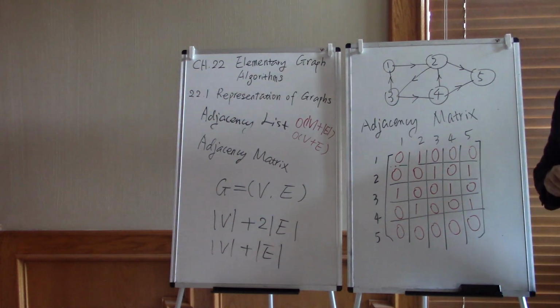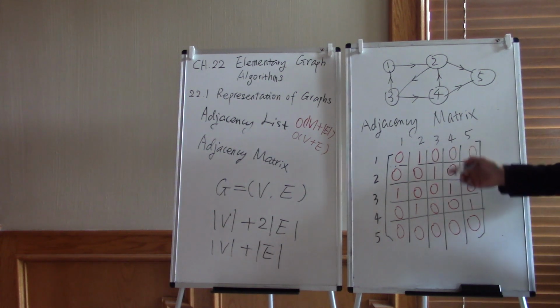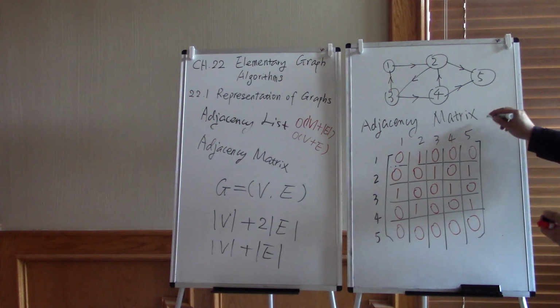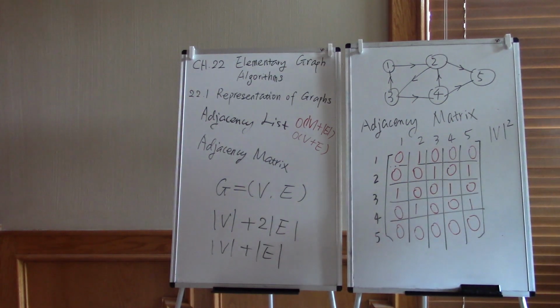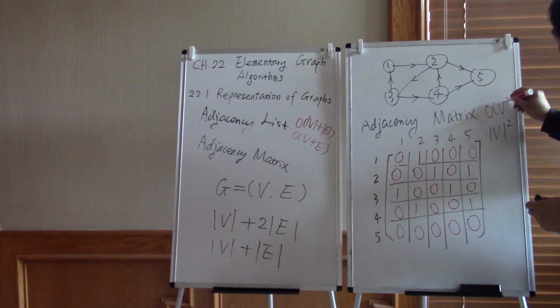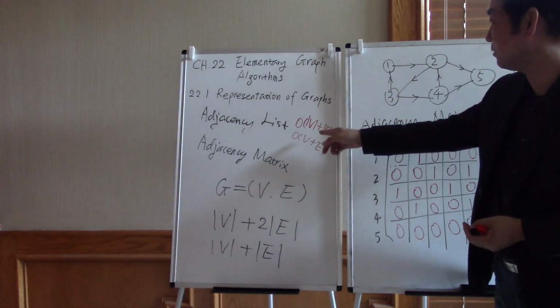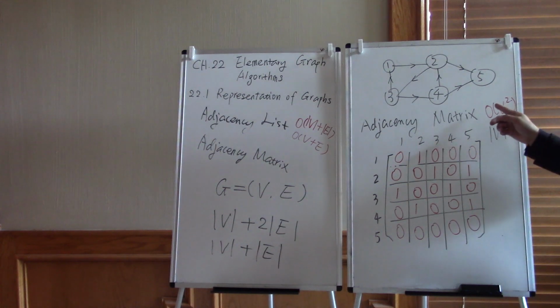So let's ask the question: for the adjacency matrix, how many numbers do I have to represent this matrix? That is quite easy, because basically the size will be v squared. In other words, we say the size is of the order v squared. So for the adjacency list, it's the order of v plus e. For the adjacency matrix, the order is v squared.